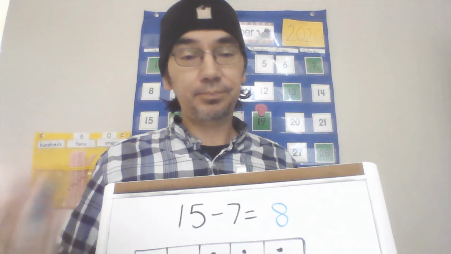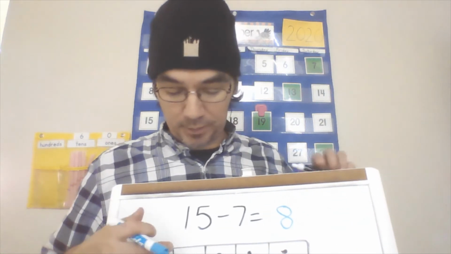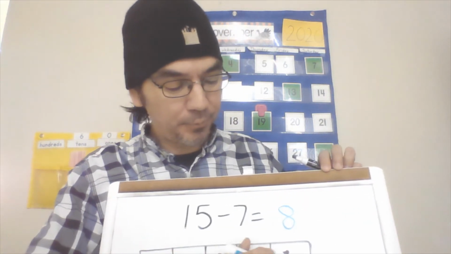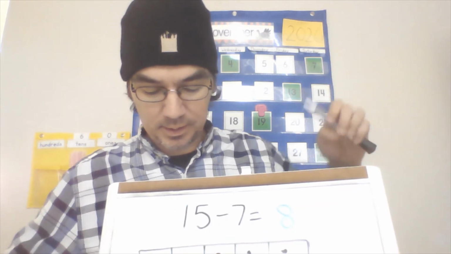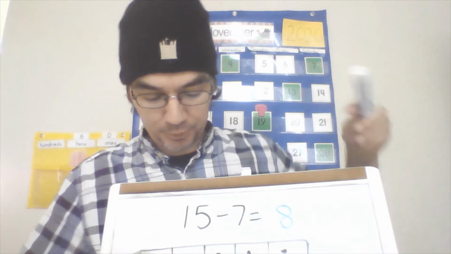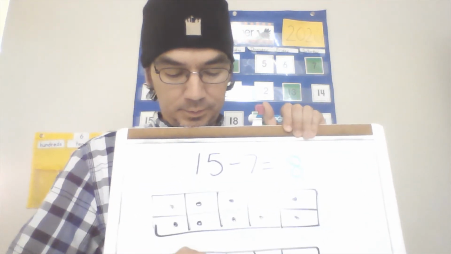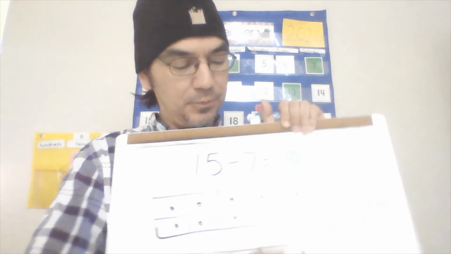You can also do it the other way where I'll start off with 15 dots and I'll take away 7 of them. So let me make my 15 dots here. 13, 14, 15.